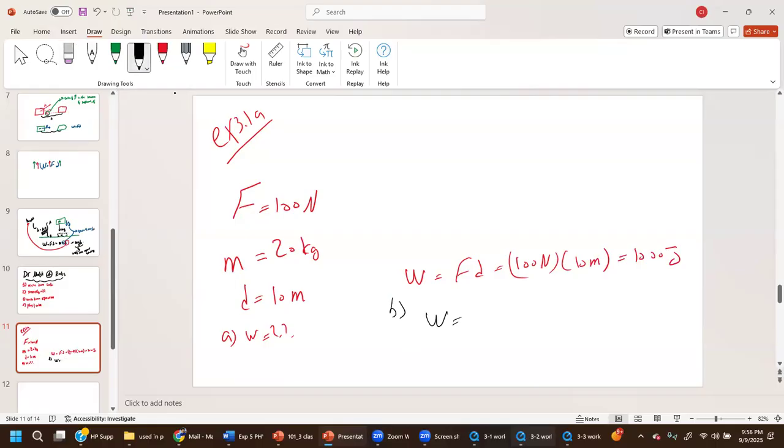It'll be your force times your distance, where your force is your mass times your gravity, multiplied by the distance, which is called your height. In this case, your mass would be 20 multiplied by 9.8 multiplied by 10 meters, and you should get 1,960 joules.